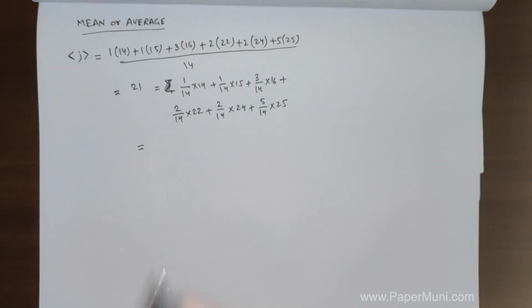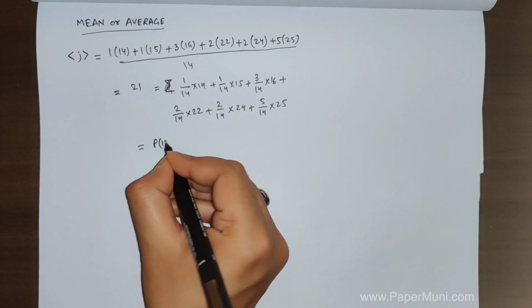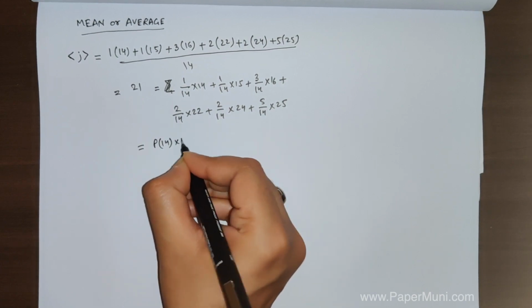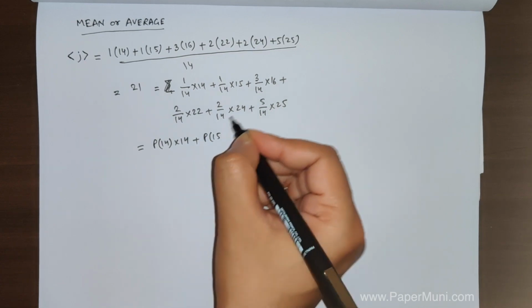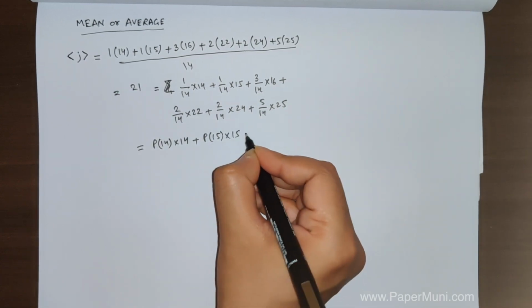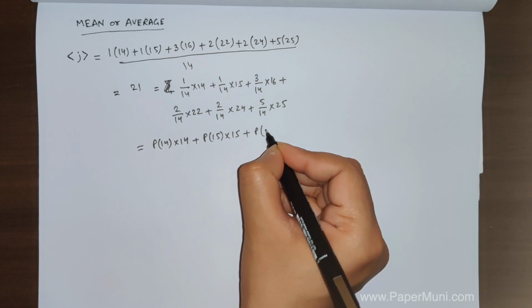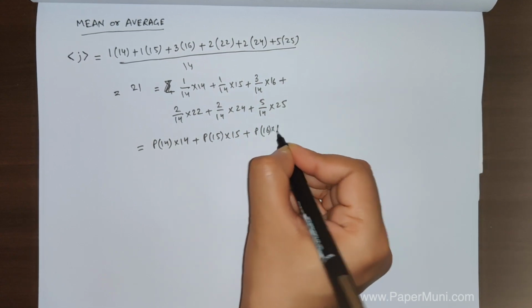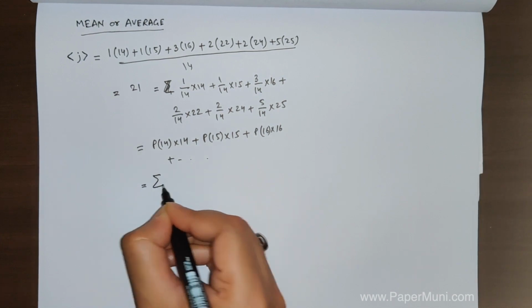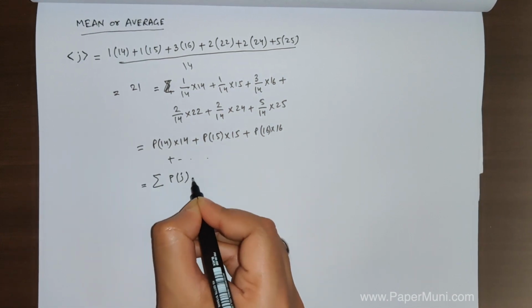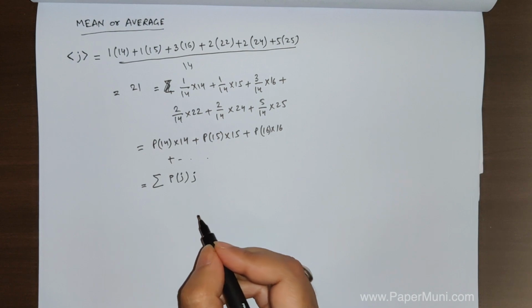Alright, if you look closely, this is the probability of getting 14 into 14, the probability of getting 15 into 15, the probability of getting 16 into 16, and so on. So basically we can write summation pj into j, right?